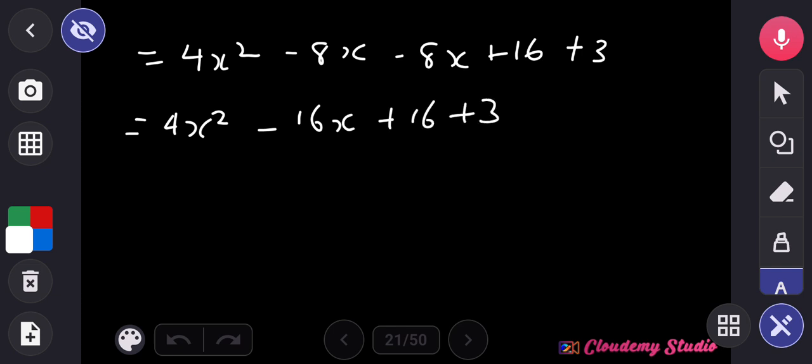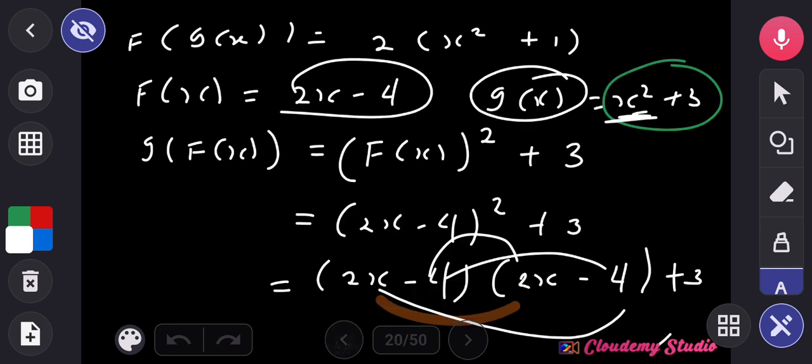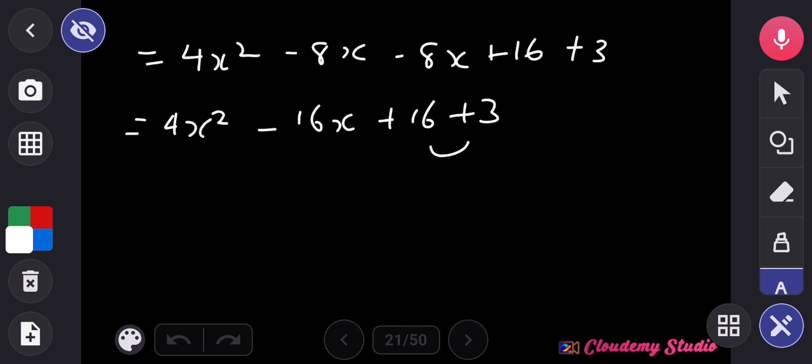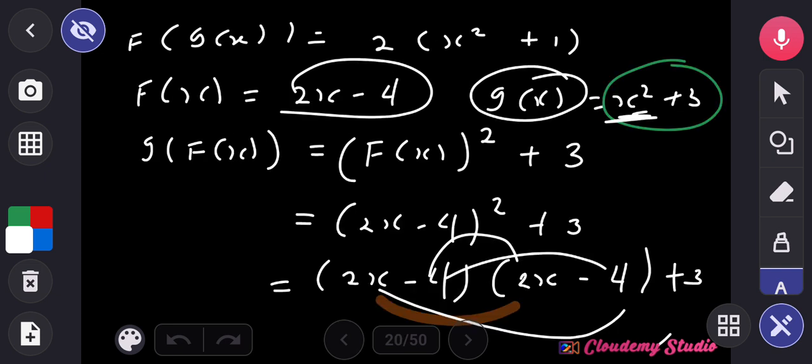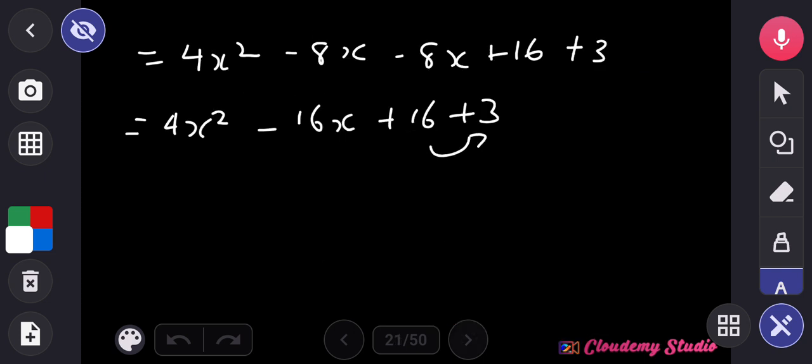So 4 times 4 is 16 now. 16 plus 3 equals what? Is it plus 3 that we have? Yeah, it should be plus 3. So 16 plus 3 is going to give us 19.